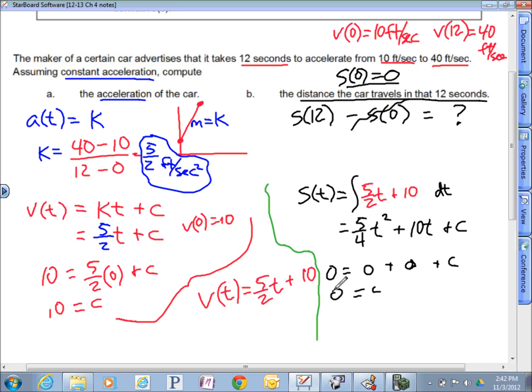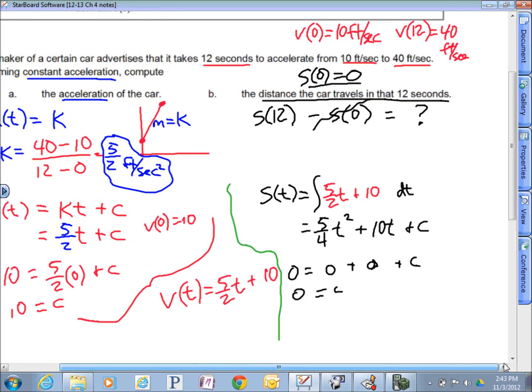So taking all of that information and putting it together, our position function, S of t, what's that going to be? How about 5/4 t squared plus 10t. So there's my position function. I've got it. Sorry about running out of room.